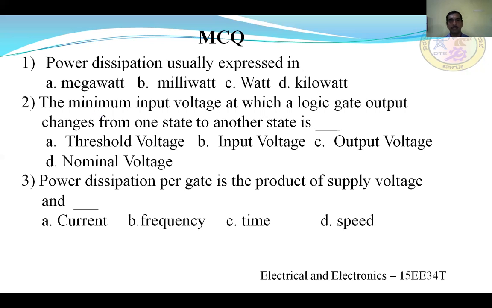We'll see some multiple choice questions for unit number 1 and session number 1. Question number 1: power dissipation is usually expressed in option A, megawatt, option B, milliwatt, option C, watt, and option D, kilowatt. In which unit do we express the power dissipation?